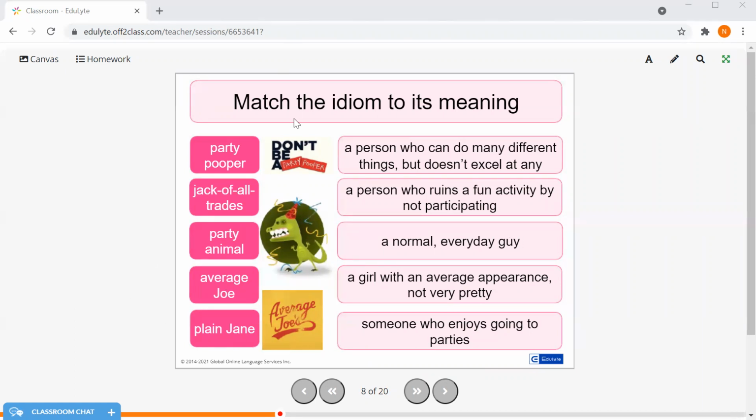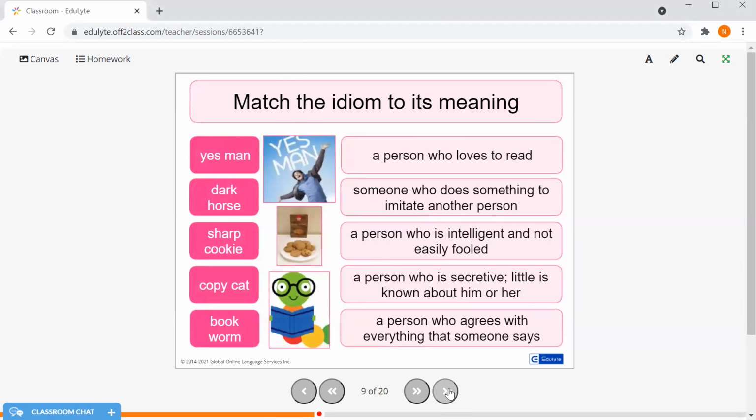Plain Jane. Plain Jane would be a girl with average appearance, not very pretty. So when we describe someone, it's called plain Jane. Once again, I'm not asking anyone to use these to describe other human beings. This is just to enhance our language, and if someone uses this for someone, we know what it is.